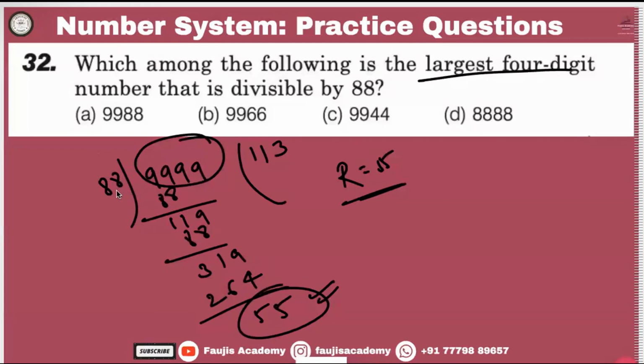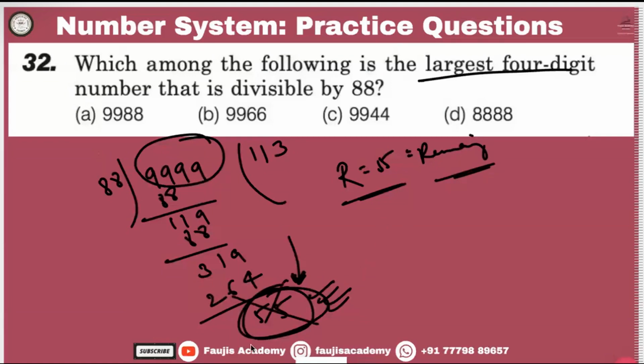We are checking whether this 9999 is divisible, this is what we are trying to check. But we are finding that there is a remainder of 55. This much is remaining.